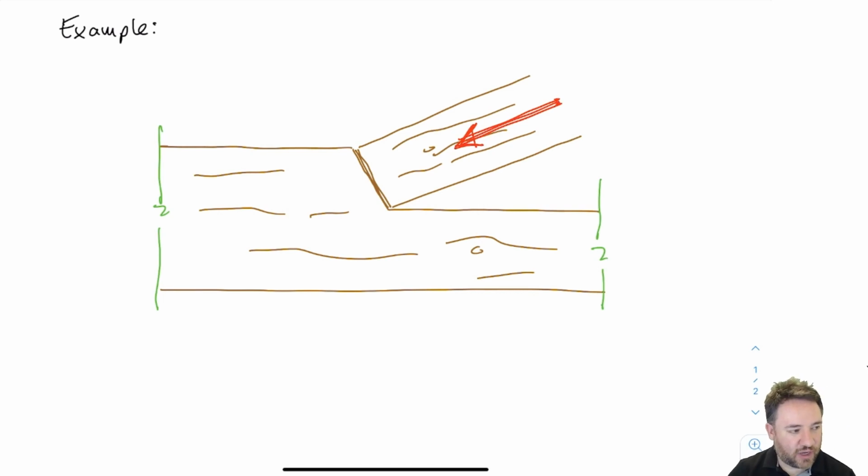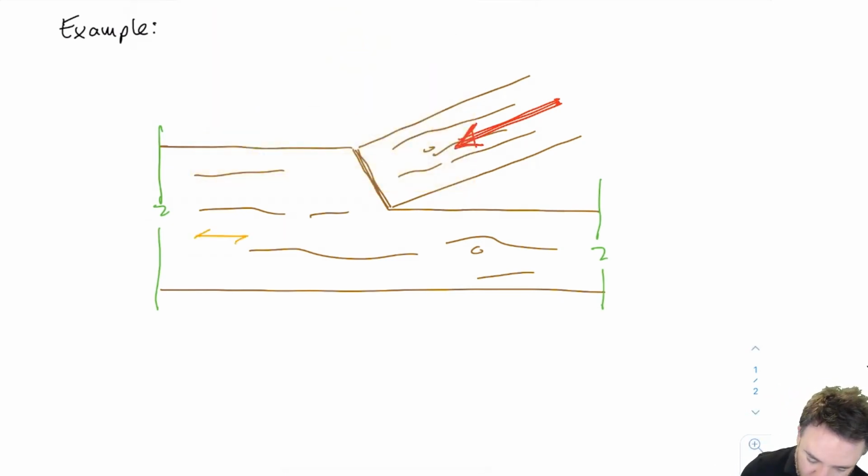There's a notch cut in the bottom piece to receive the top piece, but the load on the bottom piece is at some angle to its own grain. I've drawn grain markings so you can remember the grain directions. For this piece of wood, the grain goes this way, and for this piece of wood, the grain goes in this direction.